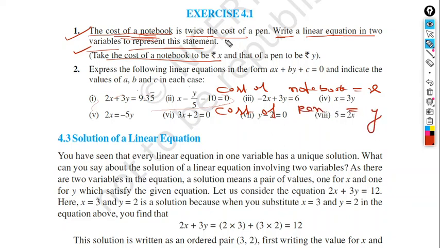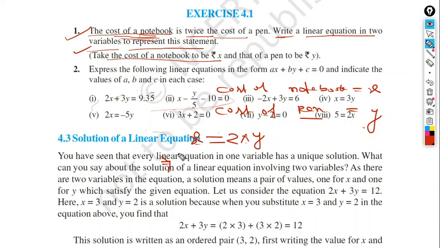Then it is given the cost of the notebook is twice the cost of the pen, 2 times the cost of the pen. So x, the cost of the notebook, is equal to 2 times the cost of the pen. Cost of pen is y, that means 2 into y. So x equal to 2y. You bring the 2y to LHS, or you can say transpose 2y to LHS.